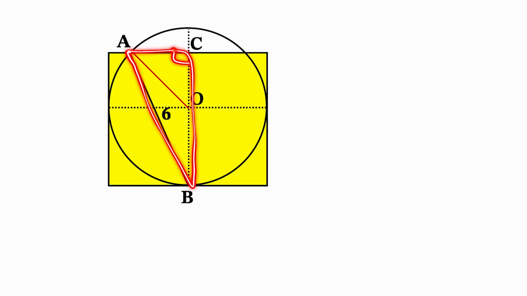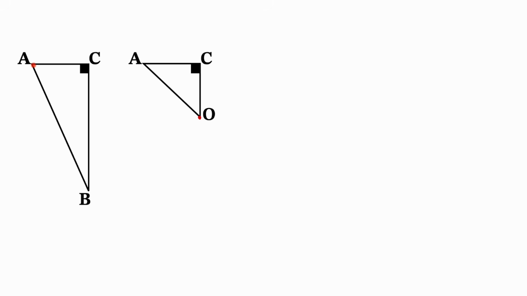And we can use the Pythagorean theorem to find the relationship between these segments. So if we use the Pythagorean theorem for both triangles, the first one is ABC.